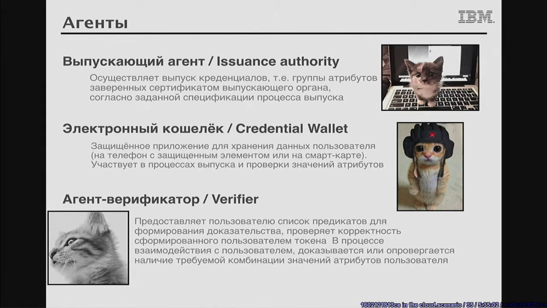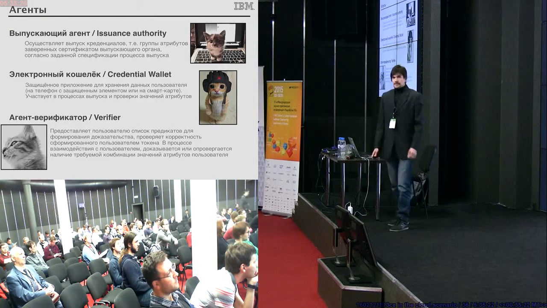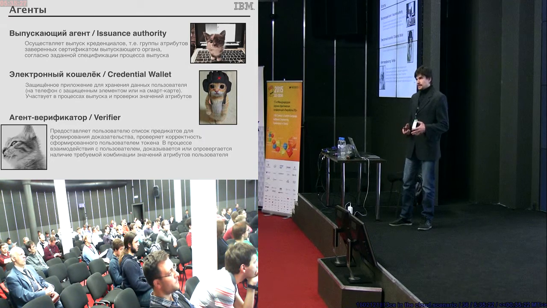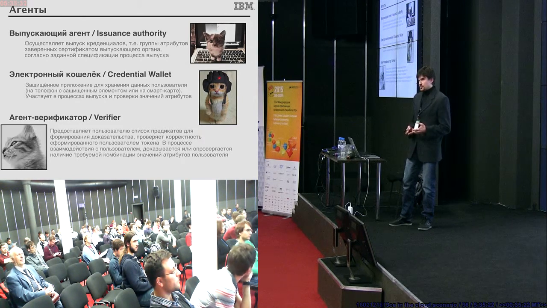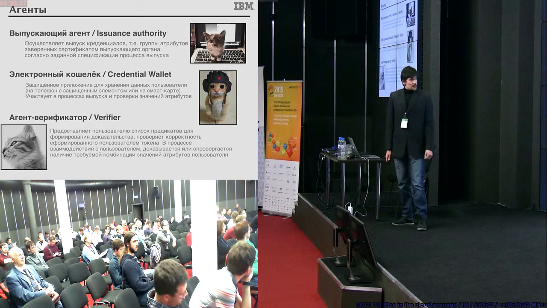The main agents used here are the issuance authority, which issues credentials or loyalty cards, your Credential wallet, it may be saved on your mobile phone. Then we save the passport number or some other verifiers.